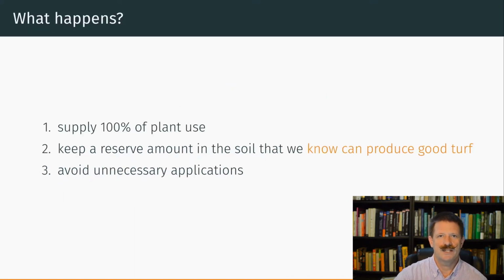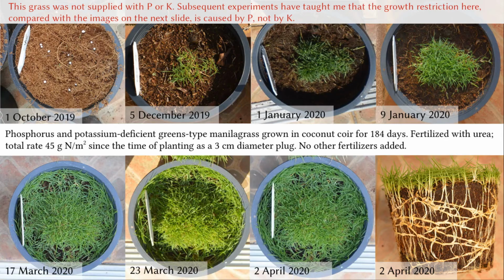So you can keep things simple, have all the nutrients the grass can use, and not worry about that at all. I do recommend doing soil testing though, because we can't always tell if the grass has enough nutrients or if it's deficient just by looking at it.